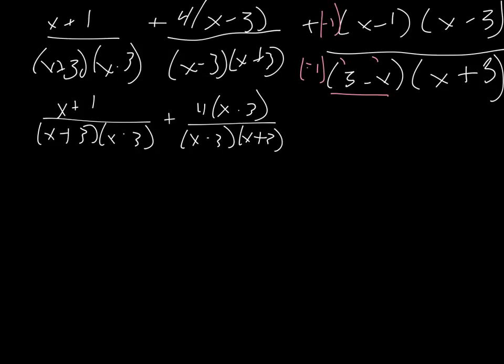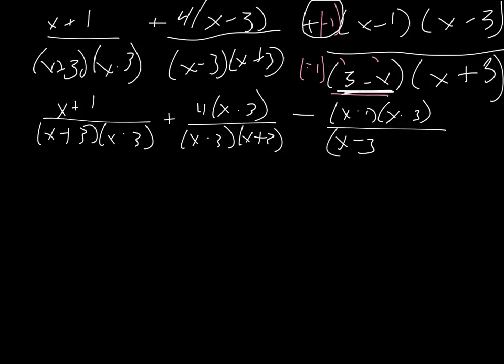And then at the top there, I've got a minus times a plus, I can just call that a minus. And then I have x minus 1 times x minus 3 all over x minus 3 and x plus 3. If you want to confirm that that's correct, if you multiply negative 1 by 3, that'll give you a negative 3. And a negative 1 by a negative x gives you a positive x.